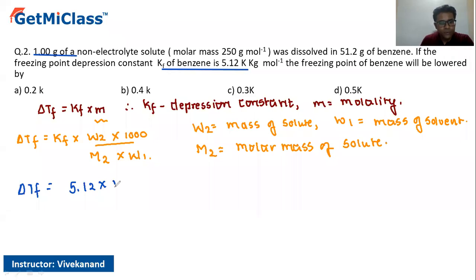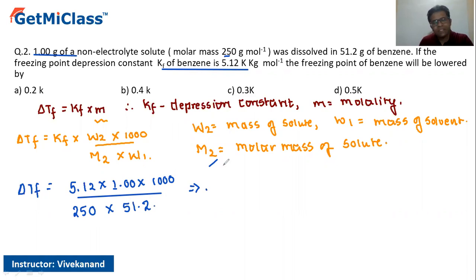So it is going to be 1.00 into 1000, the whole thing divided by M2, the molar mass of solute, which is 250 gram per mole, into W1. Now W1 is the amount of benzene used, that is 51.2 grams. So when we calculate this entire thing, we end up with an answer of 0.4 Kelvin. So therefore our answer is option B.